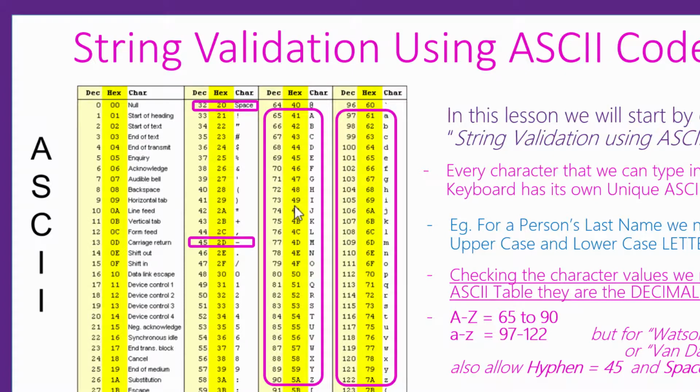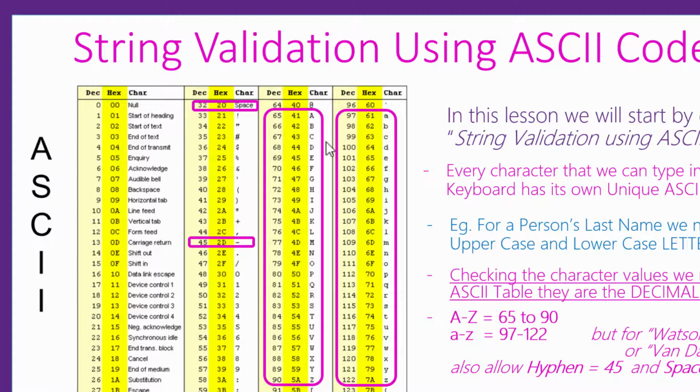Now, if you were going to code this and not do ASCII codes at all, you could just say, okay, we're at the first letter in the name, and we know it needs to be a capital letter. So we could say, if that equals capital A, else if it equals B, else if C, else if it equals D, else if the letter equals E. Now that's going to get really long. We're going to have 26 if statements, which is going to be a horrendously long piece of code.